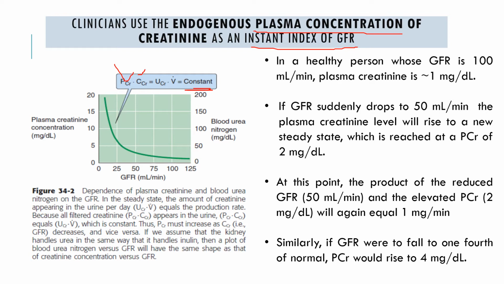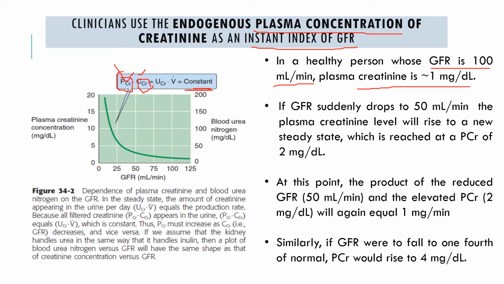So in a healthy individual, if the GFR is 100 ml per minute, so its clearance is 100 ml per minute, and the plasma concentration of creatinine is 1 milligram per deciliter, that means 1 milligram per 100 ml times 100 ml per minute.